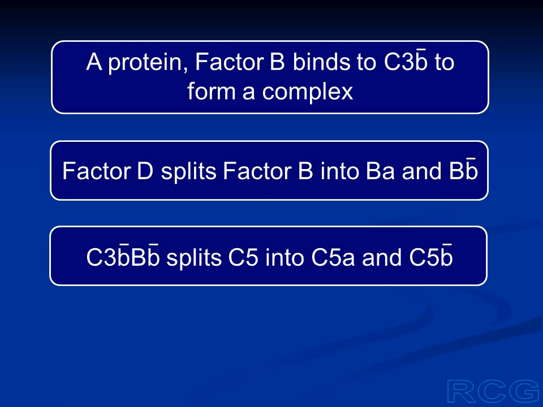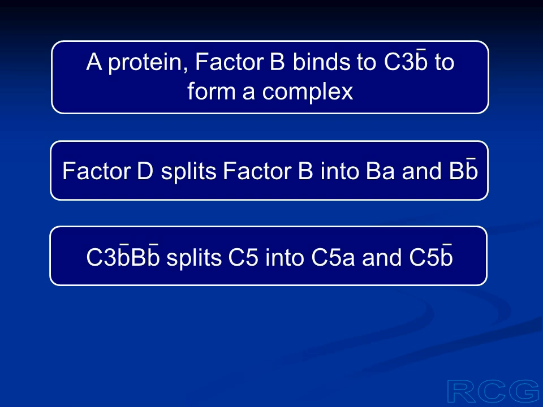So when a foreign cell is present, active C3b binds to the foreign cell, it remains active, and a protein present in plasma known as factor B binds to C3b. This factor B is also, to begin with, inactive. But after it has bound to C3b, another protein known as factor D, which is also present in plasma, acts on factor B. It splits factor B into factor Ba and factor Bb.